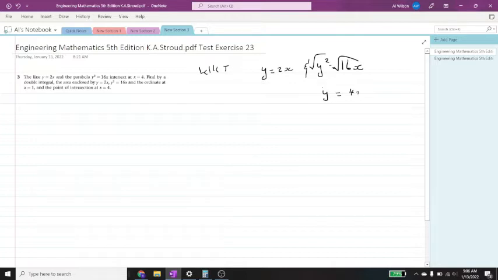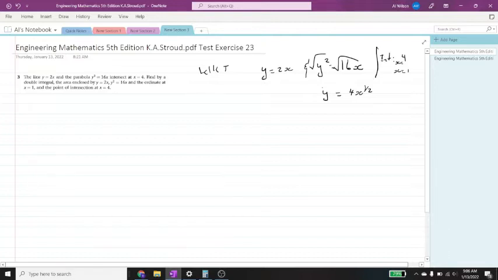Let's use x to the half instead of root x. And now we have the intersection, so x is equal to 4 and x is equal to 1. So that's what we actually have.